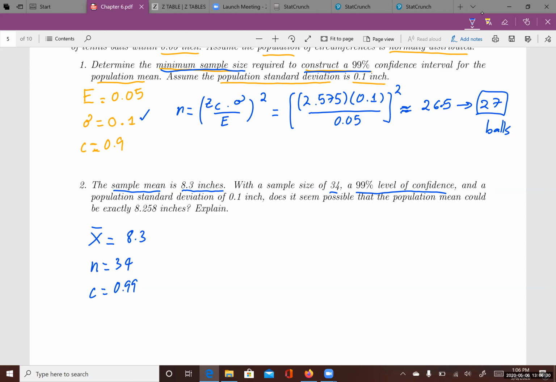And the population standard deviation is 0.1. Again, sigma is still 0.1. Is it possible that the population mean could be exactly 8.258 inches? So the question is, could the population mean, mu, equal exactly 8.258 inches?